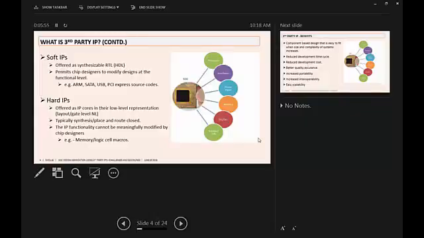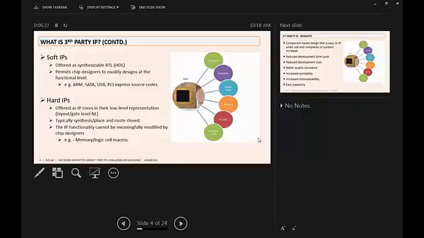Soft IPs are offered from the vendor as synthesizable RTL, and the chip maker has permission to modify the code and add functionality for his own purpose. Examples are ARM, SATA, USB, PCI Express, with the source code, depending on your business model when you interact with the third-party vendors. That's the category of soft IPs.